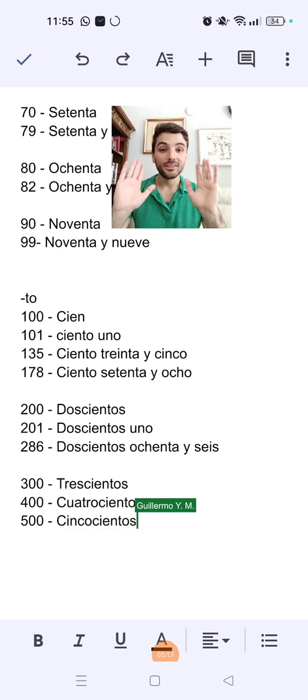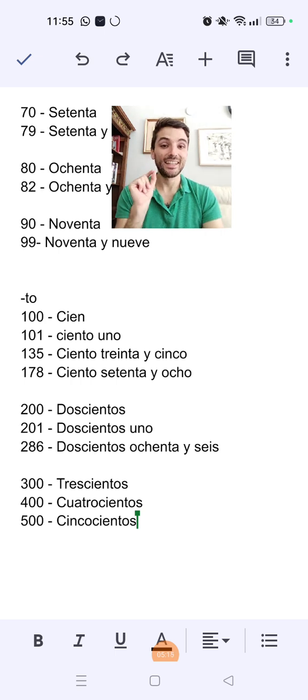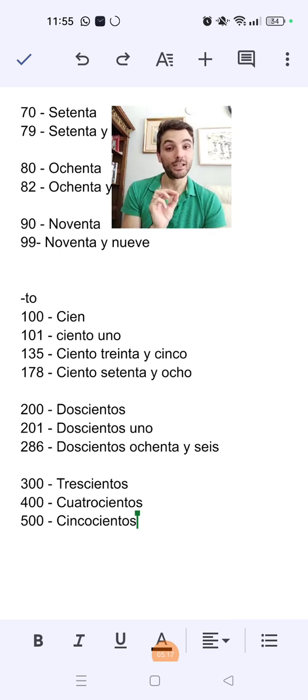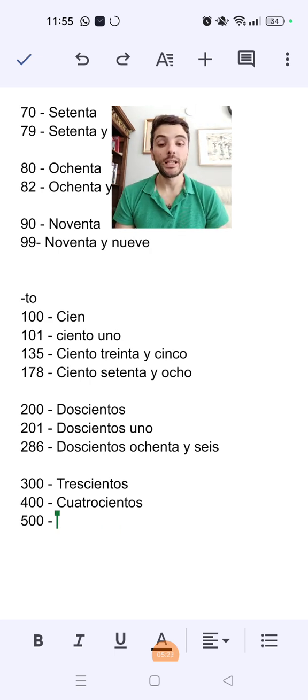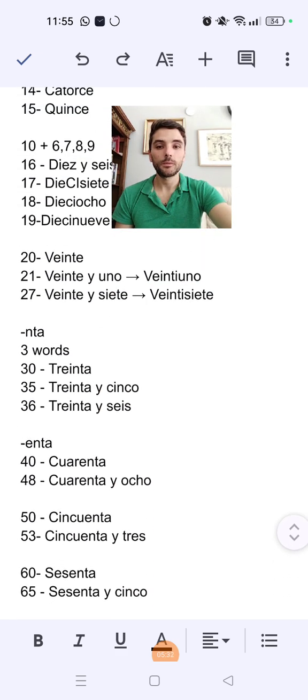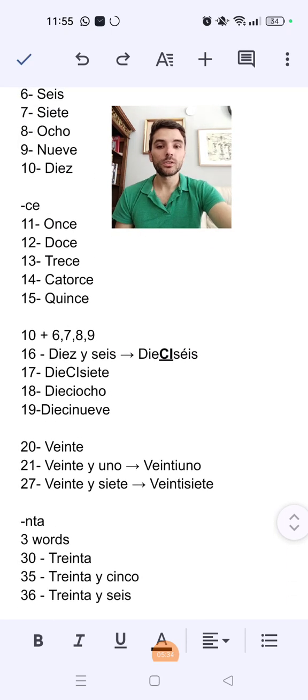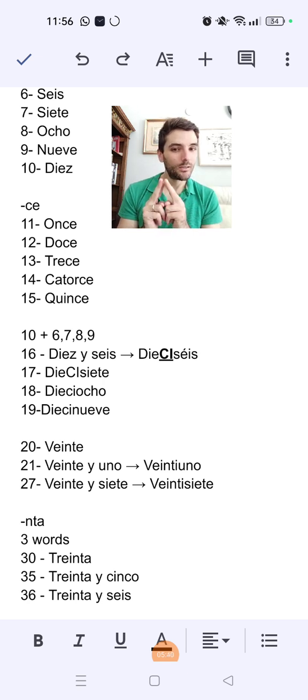What about 500? No! No, it is not. It is not cinco-cientos. If it was a regular number, it would be that, but we are actually going to take the root of the number 15. Do you remember the number 15? This one was 15. So let's take the root. The root was ki or kin.